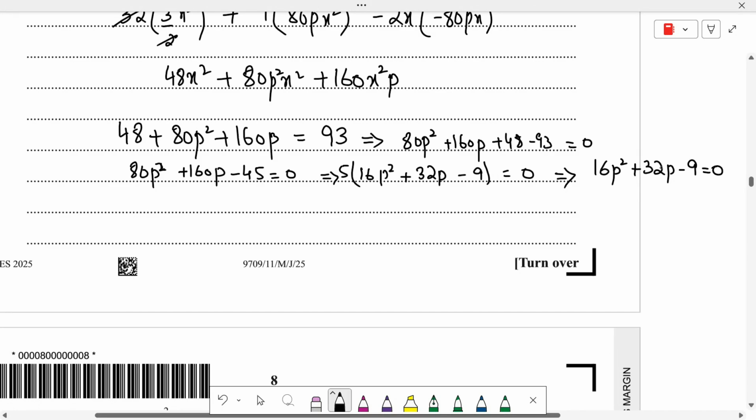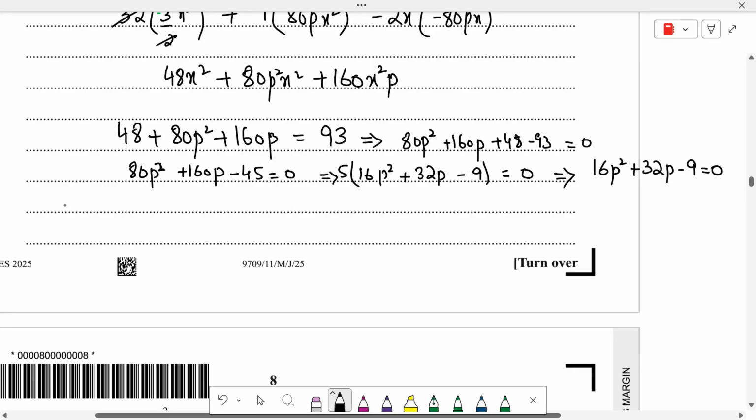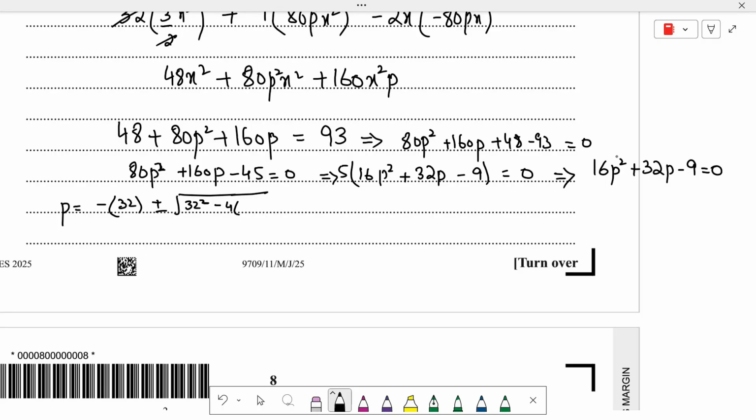So this is the quadratic equation, and we can find the value of p by using the quadratic formula. So p will be equal to negative b, which is 32, plus minus the square root of 32 squared minus 4 times a, which is 16, and c, which is negative 9, over 2 times a, which is 2 times 16.